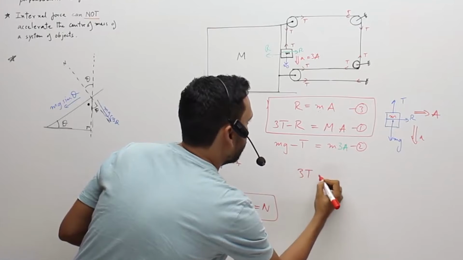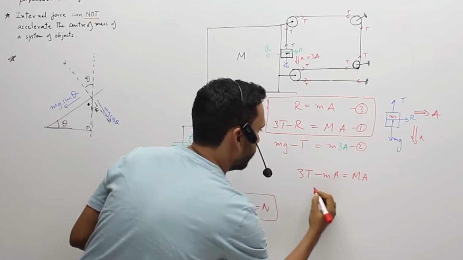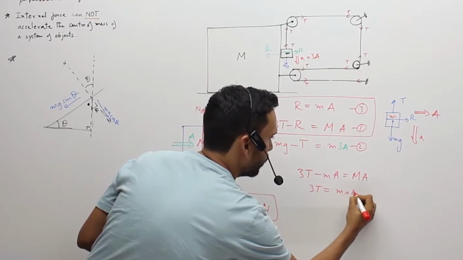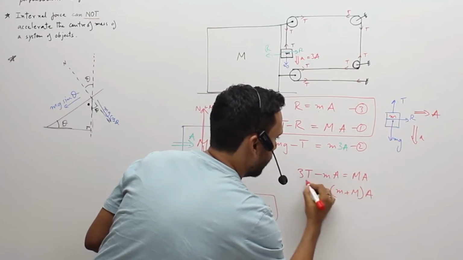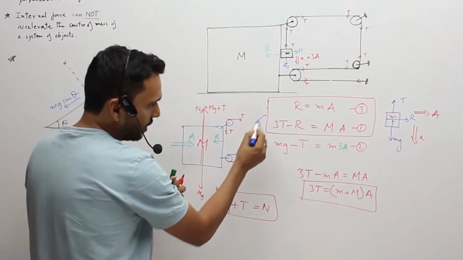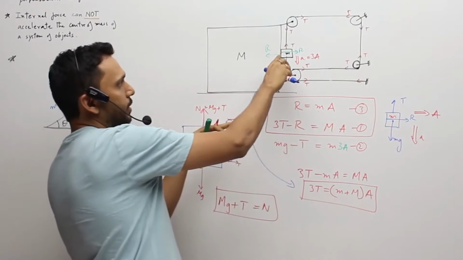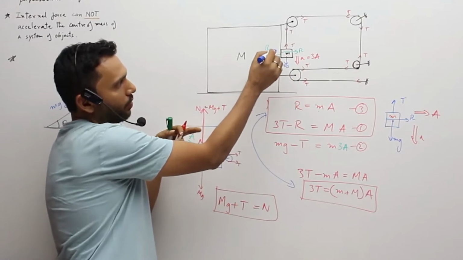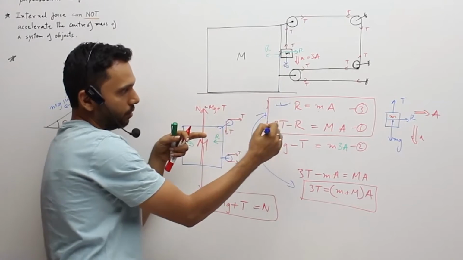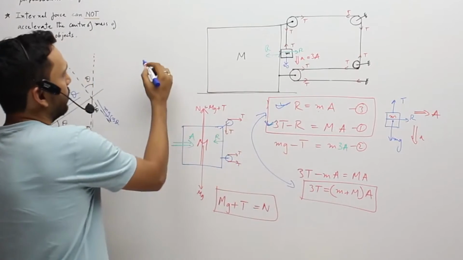If I put R over here, we get 3T minus mA is equal to MA, or in other words 3T is equal to (M plus m)A, and we could have written this equation directly instead of writing those two. But writing those two gives me a good idea of how much is the action reaction over here. So if there was friction, then this reaction would have helped.